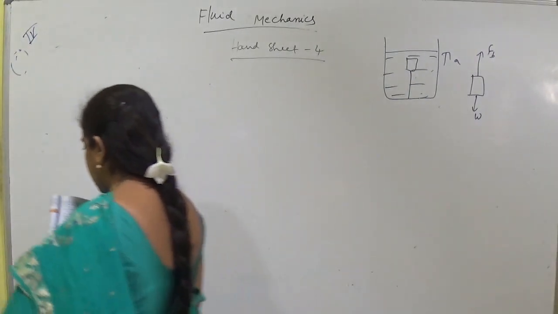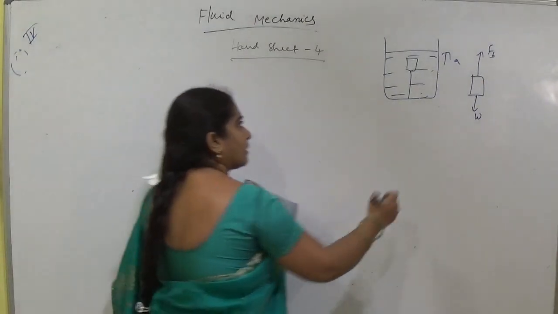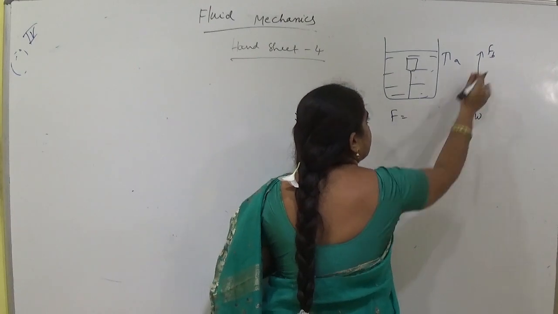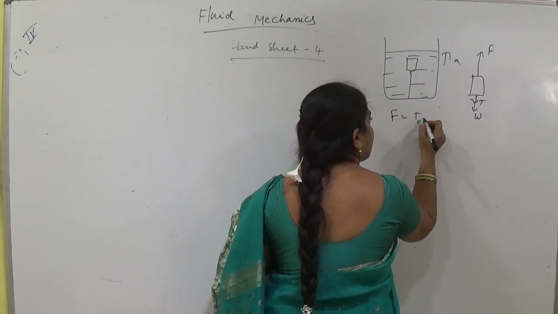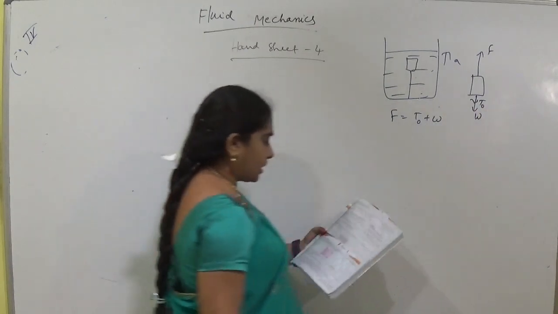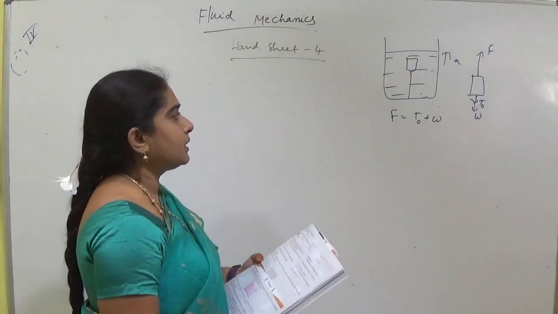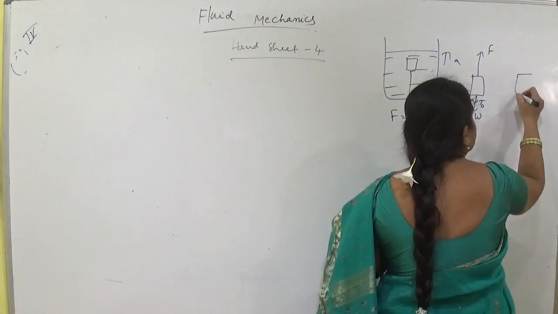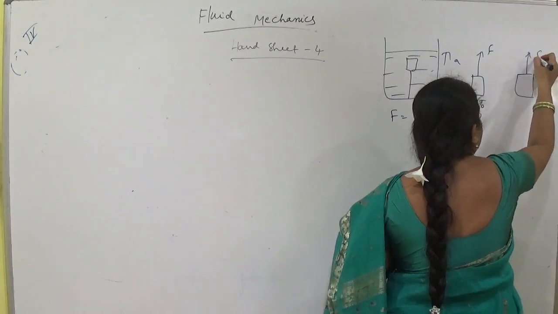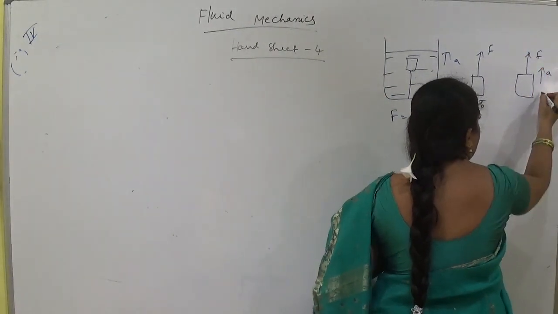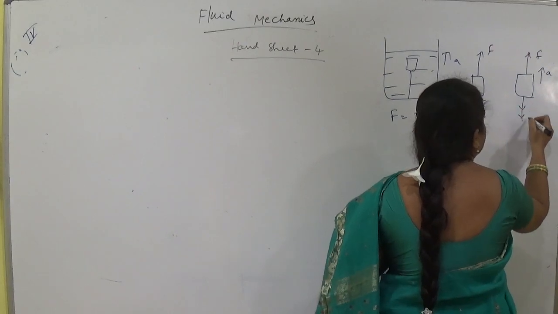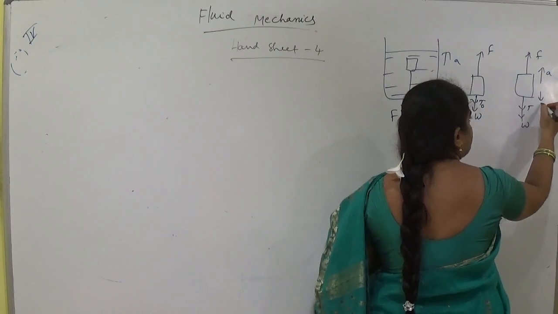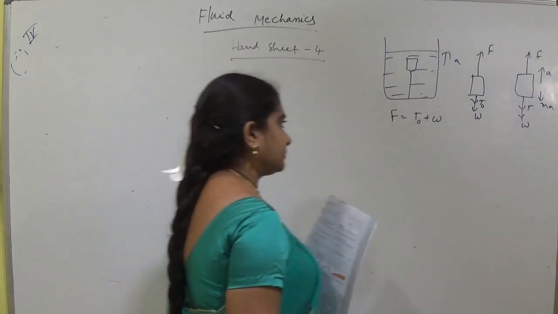When the string is activated, F is equal to T0 plus W. At rest, T0 is given. When the body is accelerated in the upward direction with acceleration a, then the weight acts downward and force MA is in this direction.